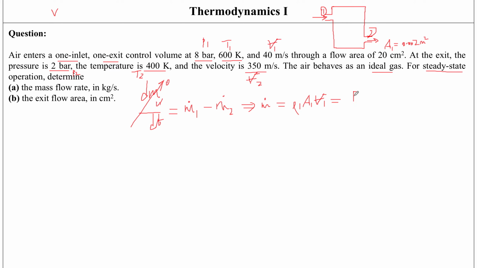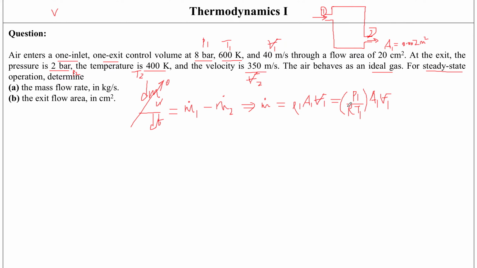And from the ideal gas law, you can find out rho 1, which is going to be equal to P1 divided by R T1, into area, which is given to you at 1, into velocity at 1. So obviously you're going to have to convert pressure from bars into an appropriate unit.